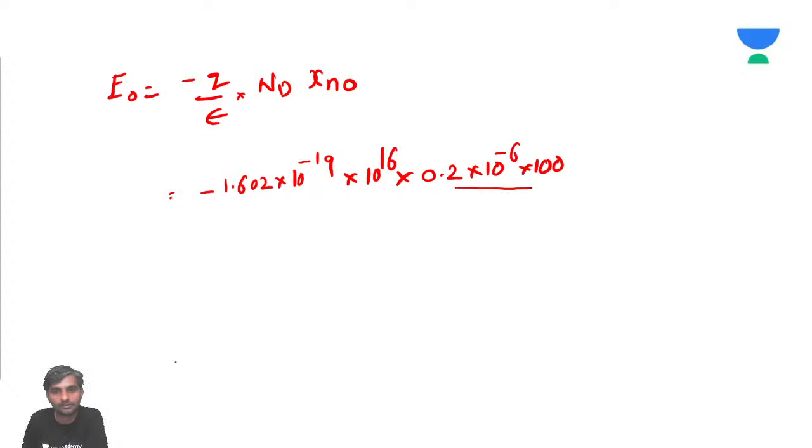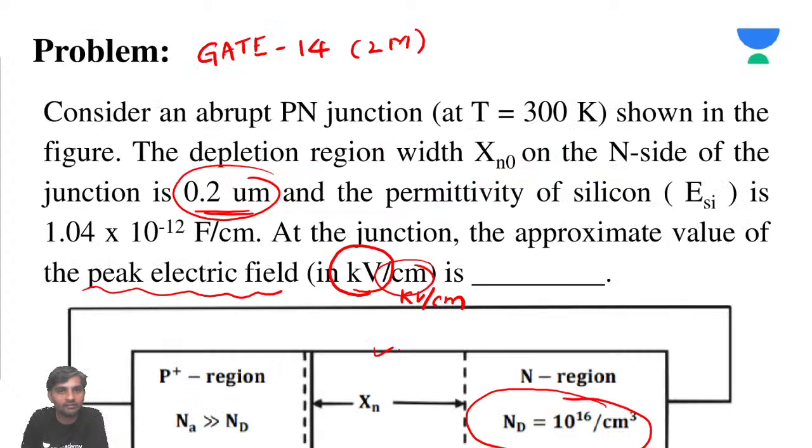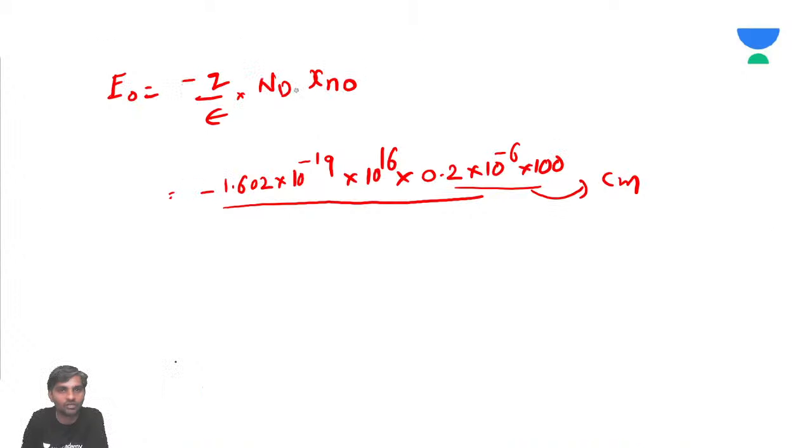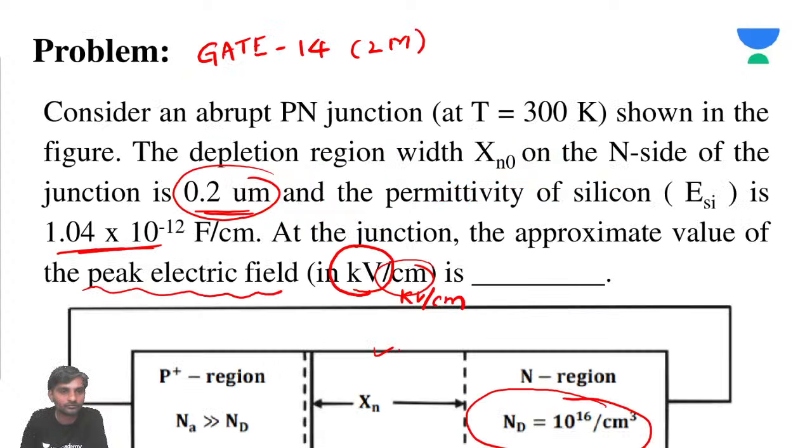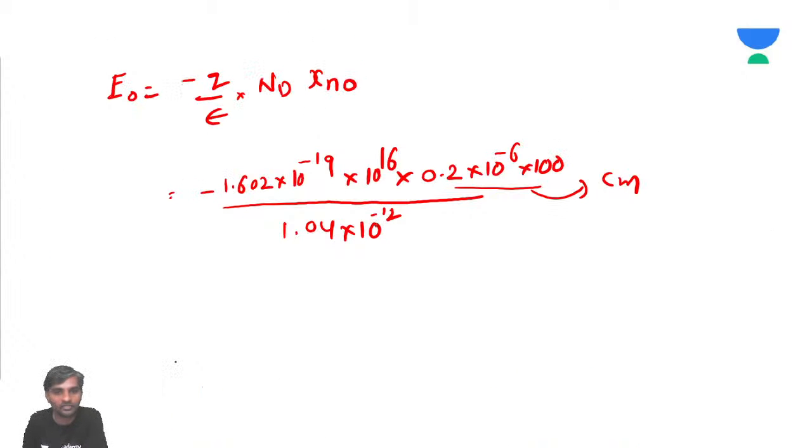So this becomes centimeters, divided by epsilon. Did he give the epsilon value? Yes, the epsilon value has been given. It's going to be 1.04 into 10 to the power of minus 12. It's always centimeters.